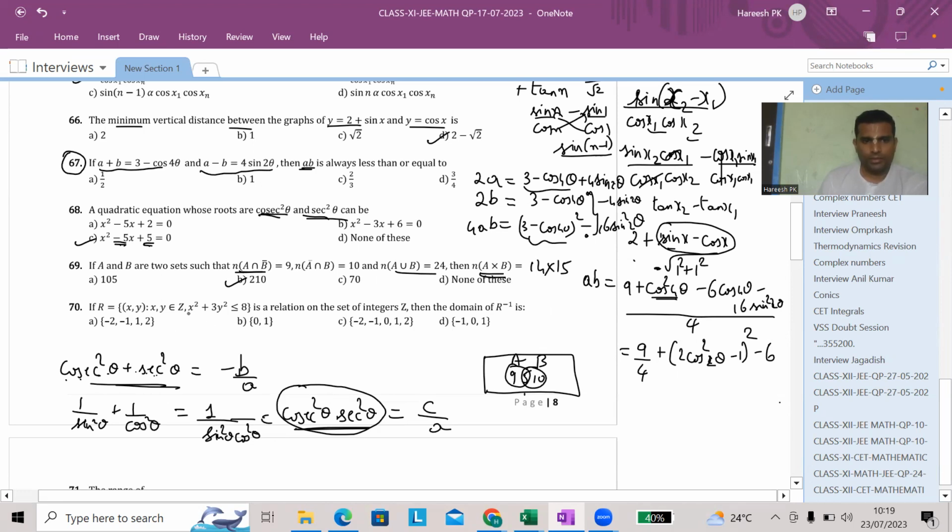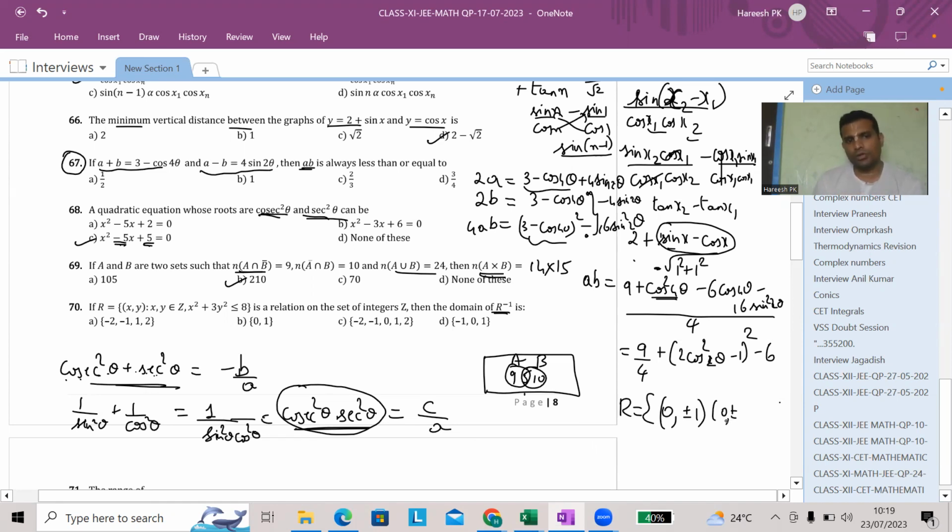Next, they're asking us the domain of R inverse. So first, let's write the relation R. If I put x as 0, y can be plus or minus 1, only plus or minus 1, right?